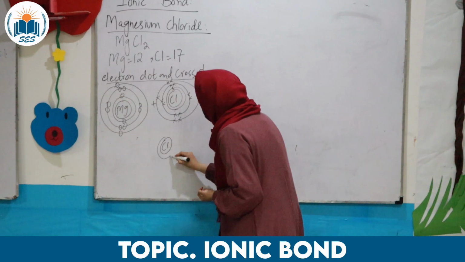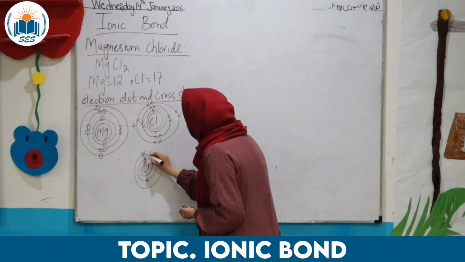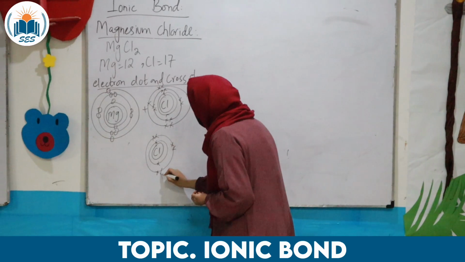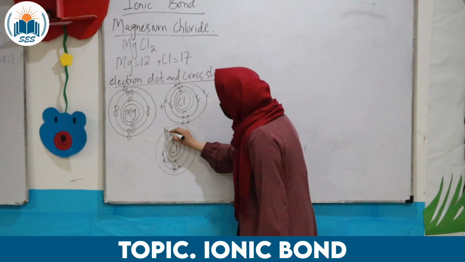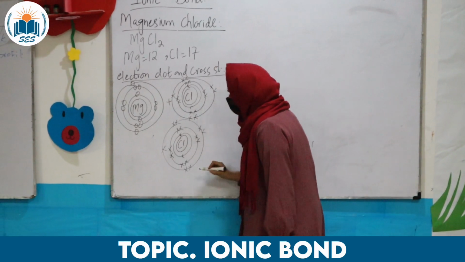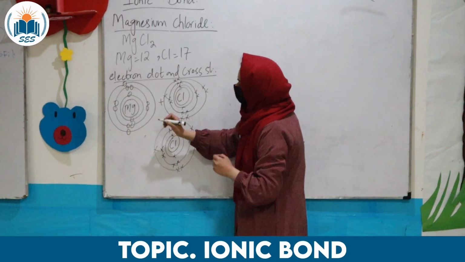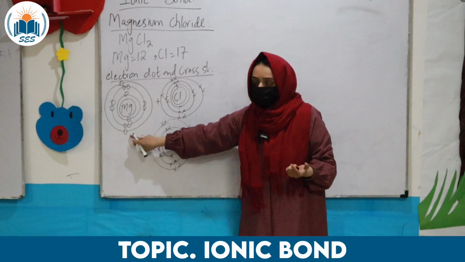Same, 2 electrons will go in the first shell of the chlorine atom, 8 electrons will go in the second shell, and 7 electrons will go in the last shell.